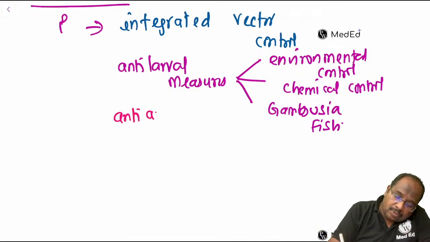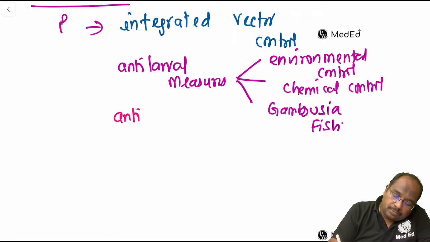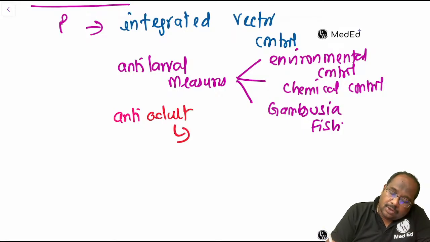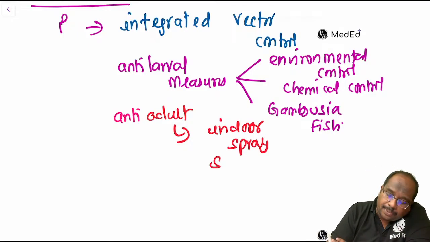What can you do for anti-adult? You can spray: indoor residual spray, or space spray.